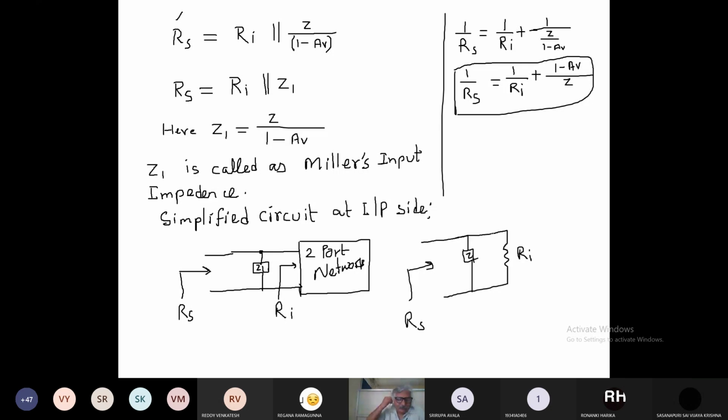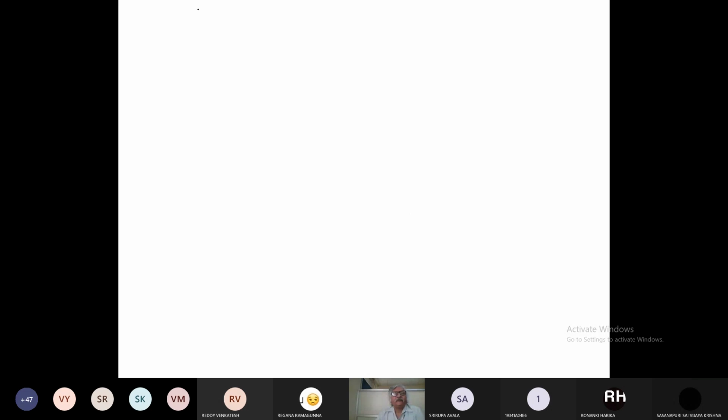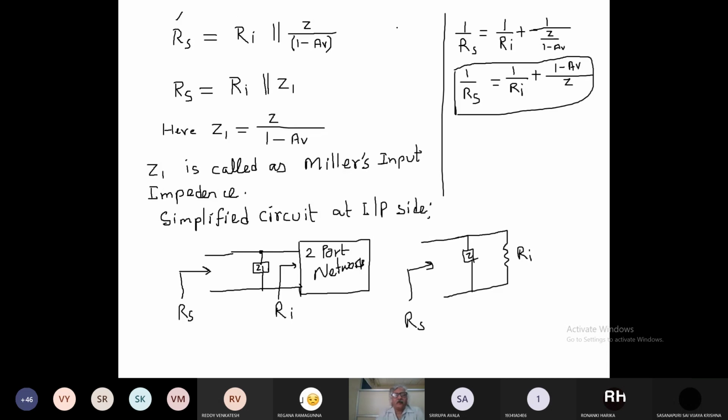Now, if Z is a capacitance, right? Suppose Z is a resistor. So simply here you can replace this Z by a resistor. You connect one resistor, right?